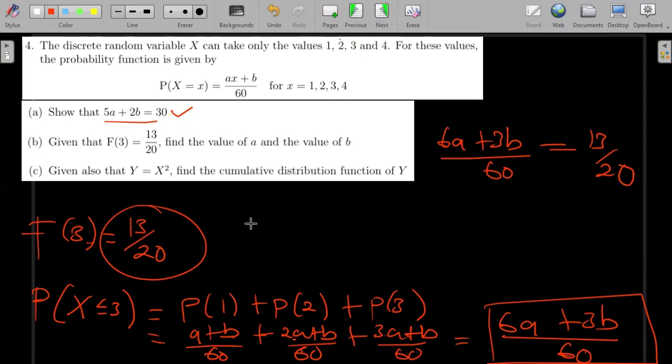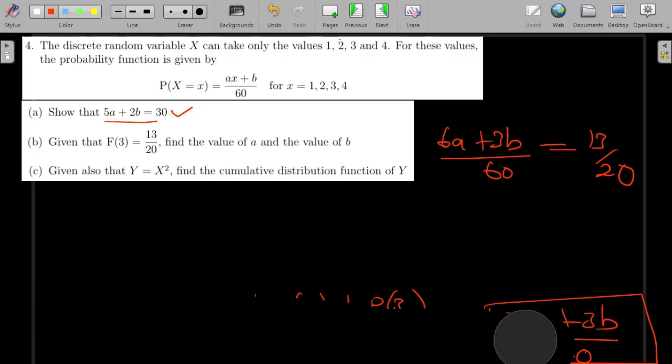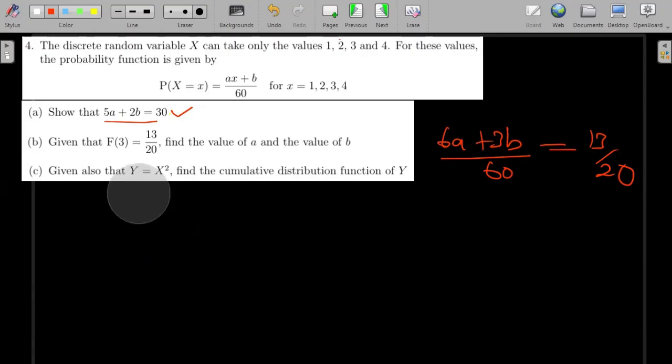What remains is just to simplify that equation. Right, so let's try to simplify it. Let's multiply both sides by 20, just for simplicity.